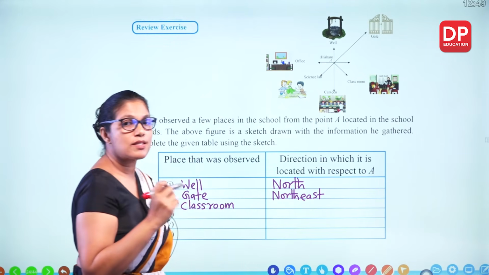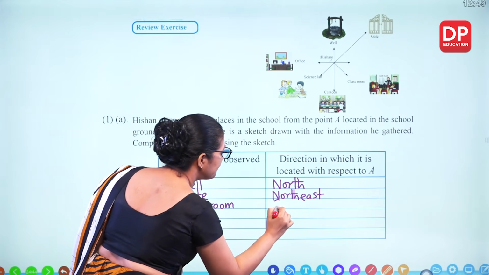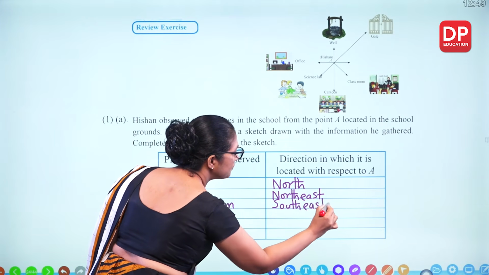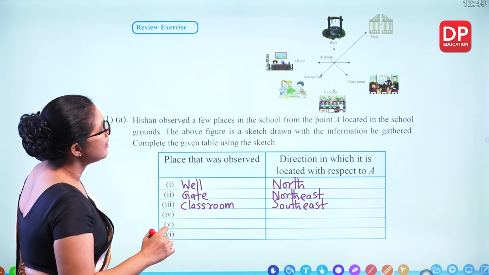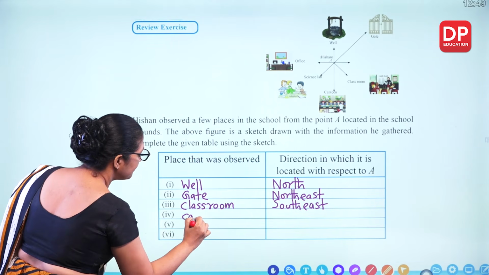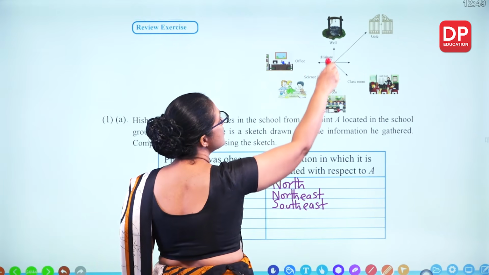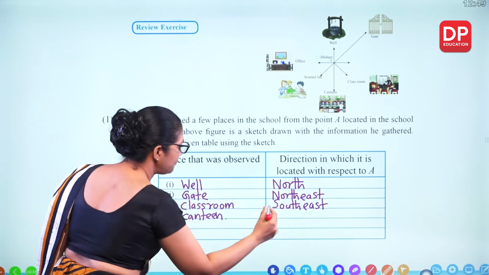What do you call that? Southeast. Then the canteen. The canteen is towards south.